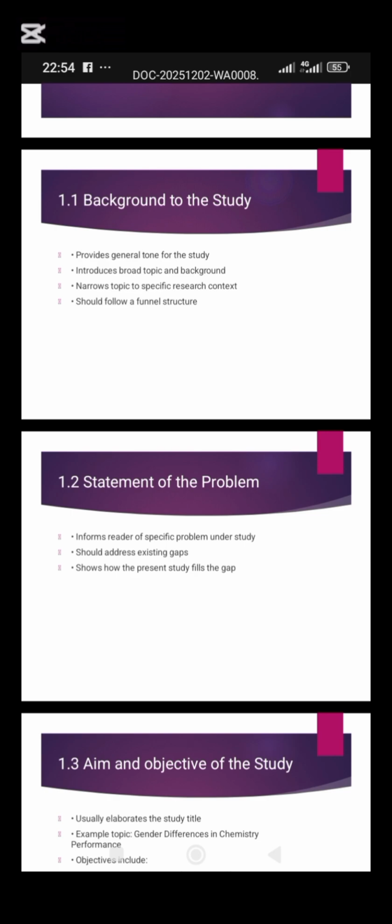Let it not be that you are talking out of point. You should narrow it down to what you are trying to work on, and it shouldn't be more than 2 pages. At most 2 pages, but at least one page. It is just an overview or a summary of your literature review.